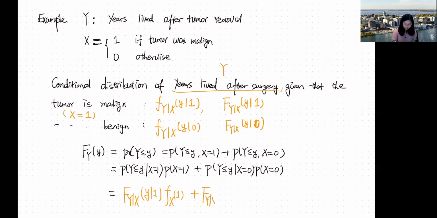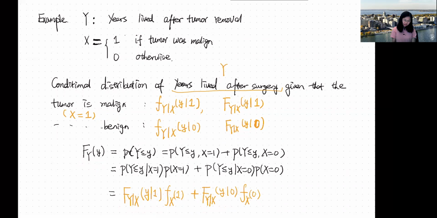Similarly, this is the CDF of y given x equals 0 times the PMF of x at 0. So this is how the unconditional distribution of y and the conditional distribution of y given x are related.